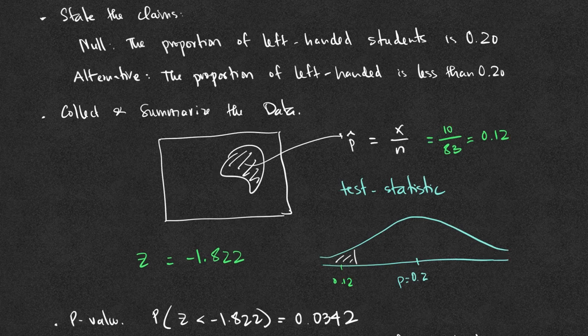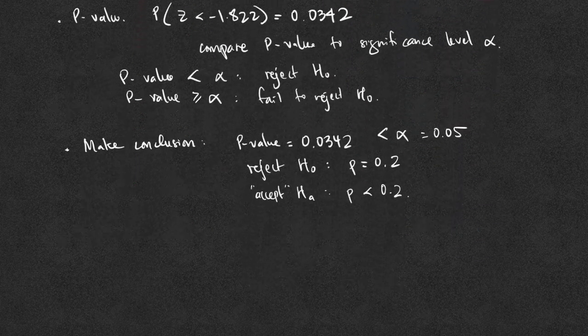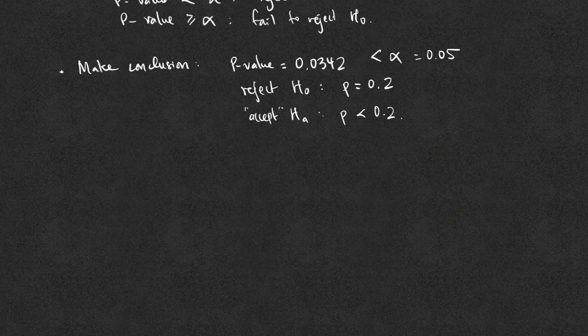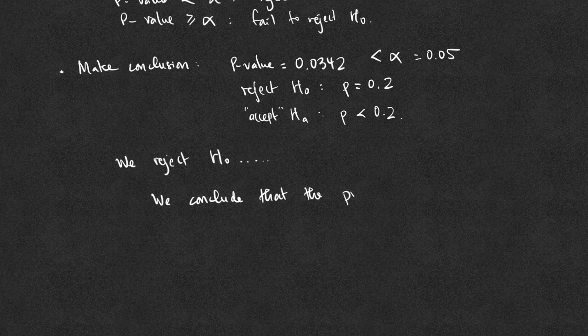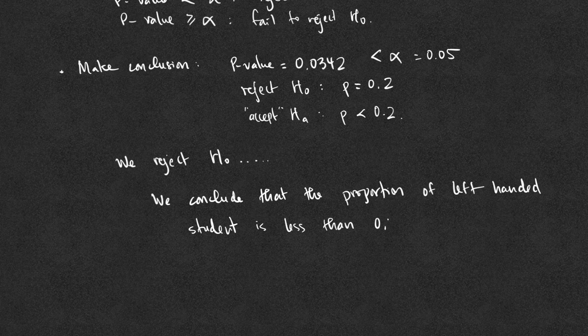Again, if we reject one, we would informally accept the other. And so in this case, we would reject the null hypothesis because of the small p-value. We conclude that the proportion of left-handed students is less than 0.2 in this case.